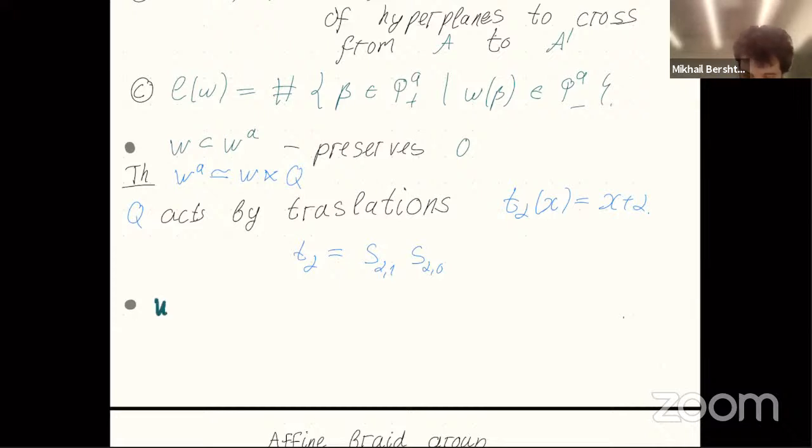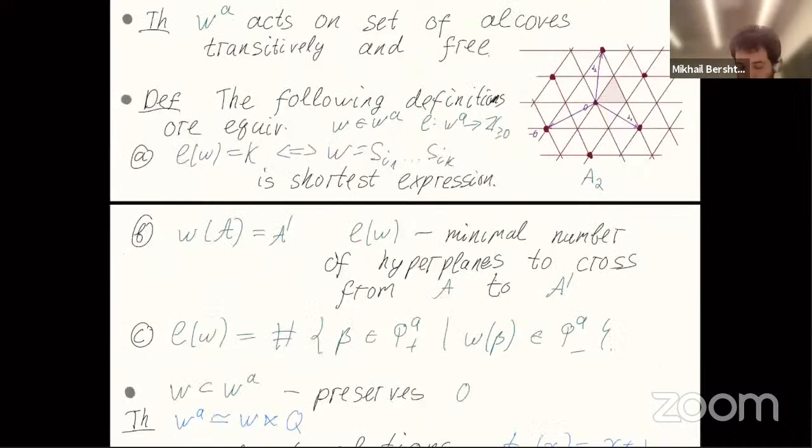It is a semi-direct product of W and P. Recall that P is the weight lattice. And this actually is the largest group which we can imagine. Any translation which preserves this set of hyperplanes should belong to P.